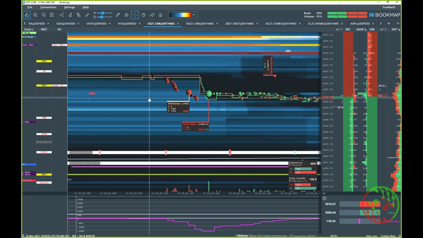So the algorithm goes to the book and sees what is in the book. How good are the quotes? Can I get 3,000 contracts? And then the algo starts and goes down in milliseconds. We are talking about milliseconds really here.